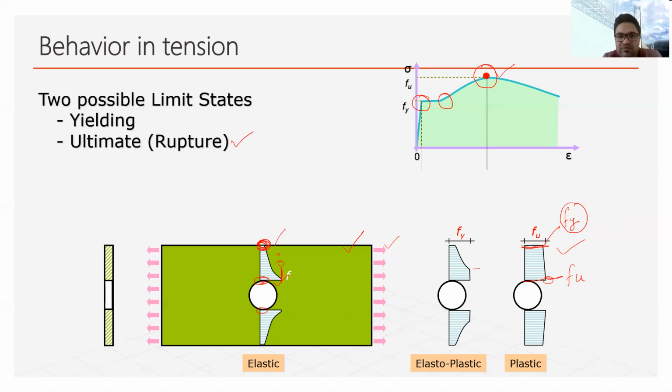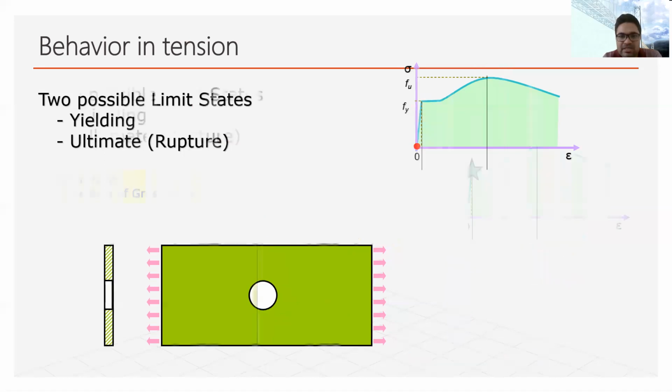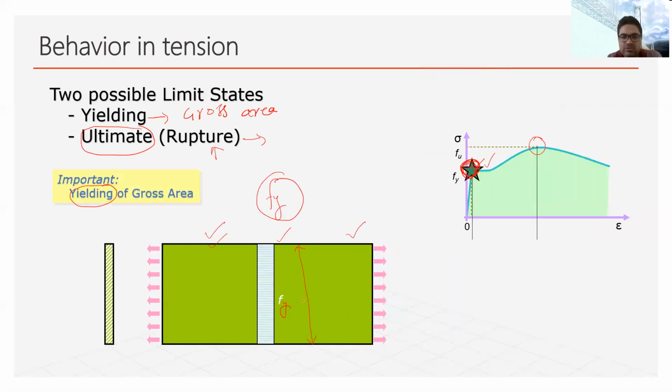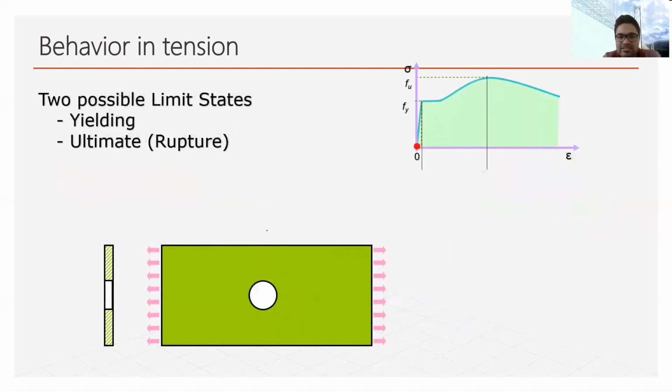But in case of the previous case, now see the previous case. In the previous case you can see the whole section is under yielding at the same time because of the uniform stress distribution. But in case of net section, we see that the stress distribution is non-uniform.